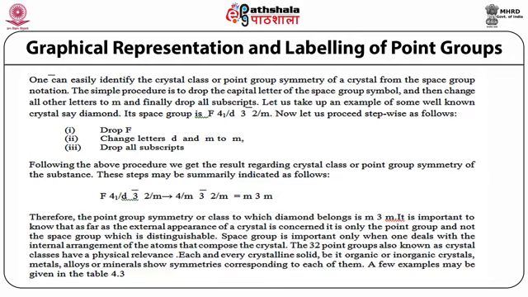The 32 point groups, also known as crystal classes, have a physical relevance. Each and every crystalline solid, be it organic or inorganic crystals, metals, alloys, or minerals, shows symmetries corresponding to each of them. A few examples are given in Table 4.3.